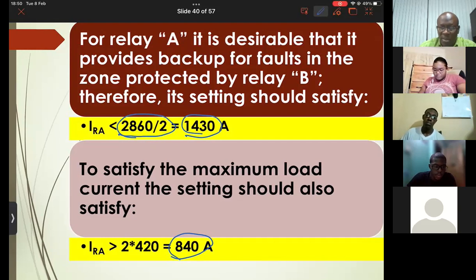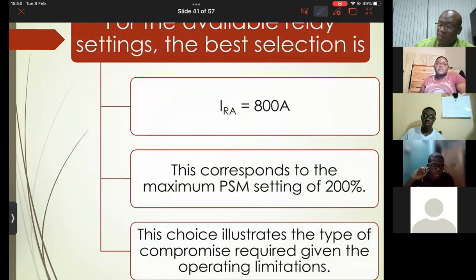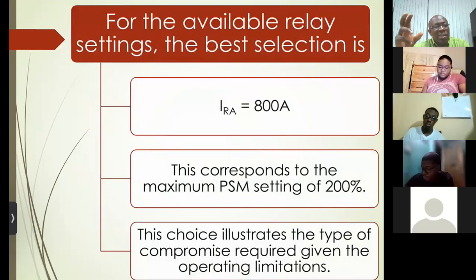And therein lies, students, the beauty that I find in protection. It is not about you being able to do maths. It's about you understanding what you're doing and making the compromise, which is what we have just done. So we have a relay.